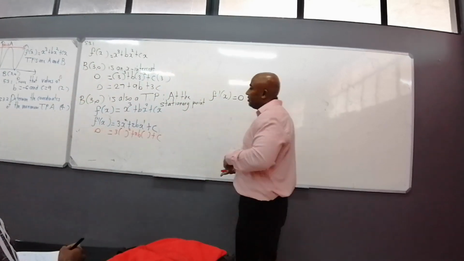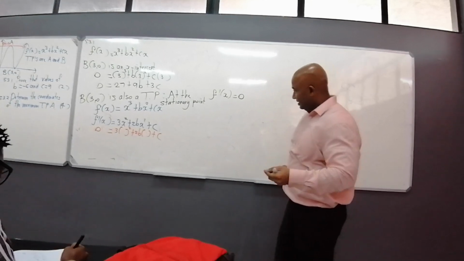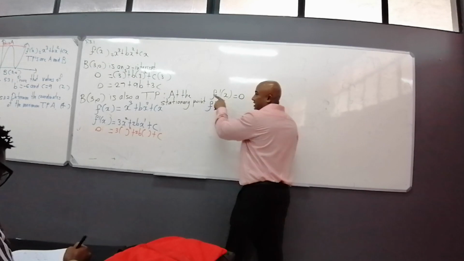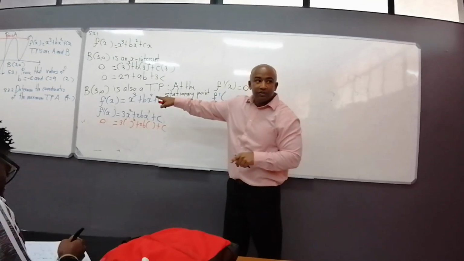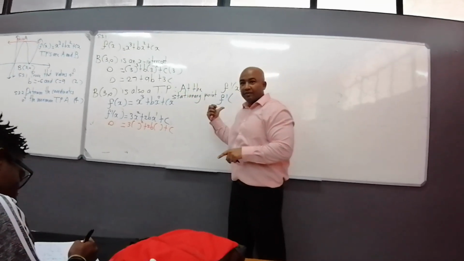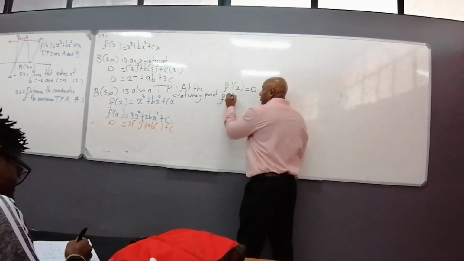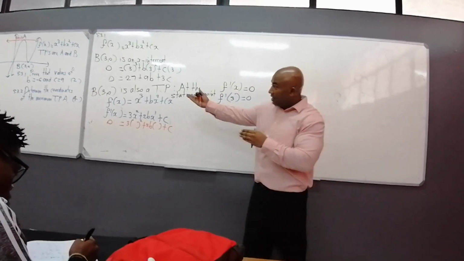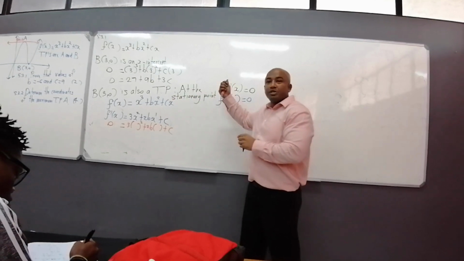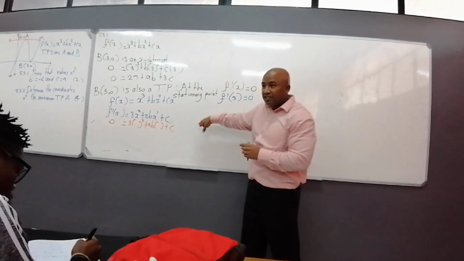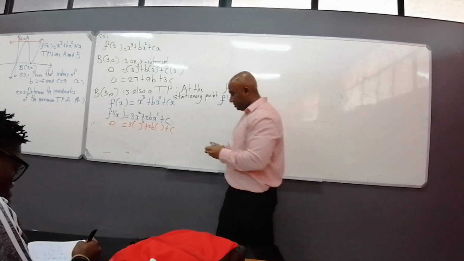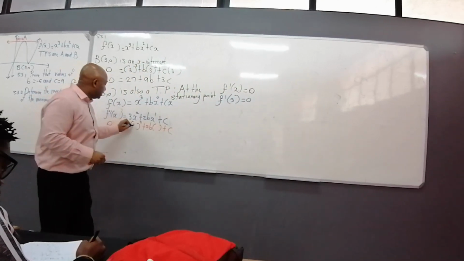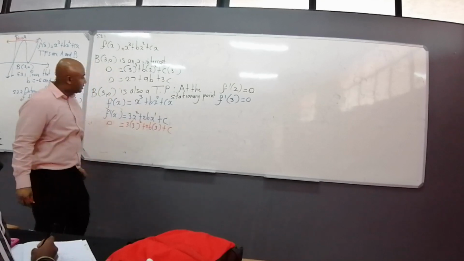And more specifically, f prime of what x value? Of 3 is equal to 0. Okay, f prime of 3 is equal to 0, because that 3 is a turning point. That means if I substitute 3 into the first derivative, I will get 0.